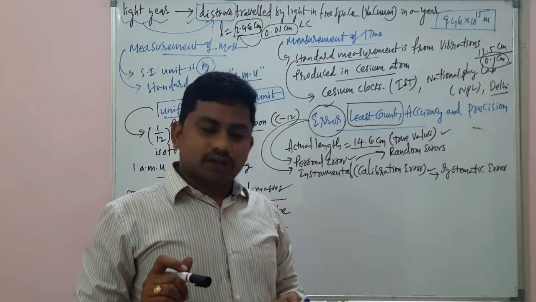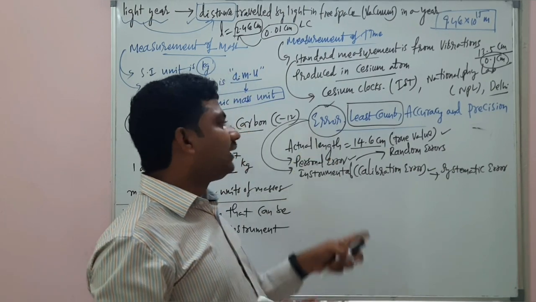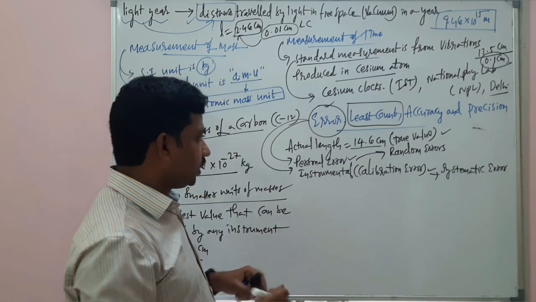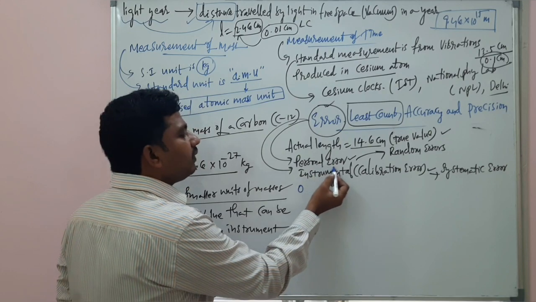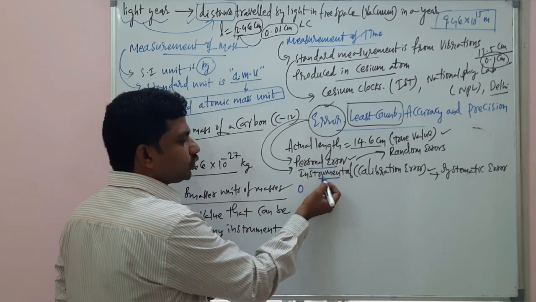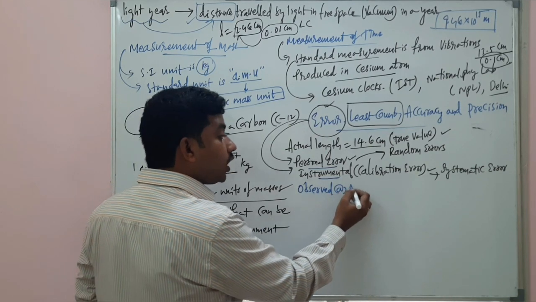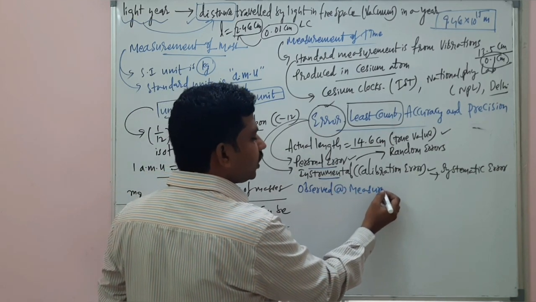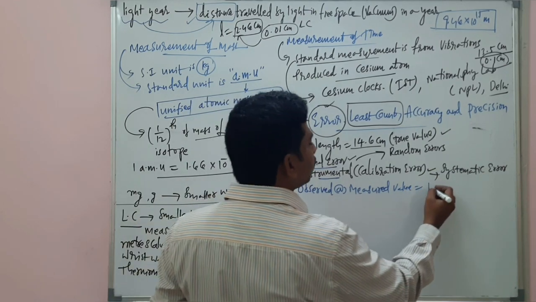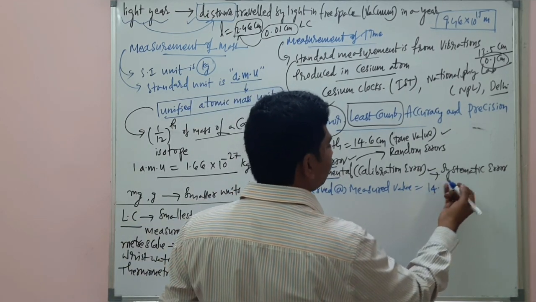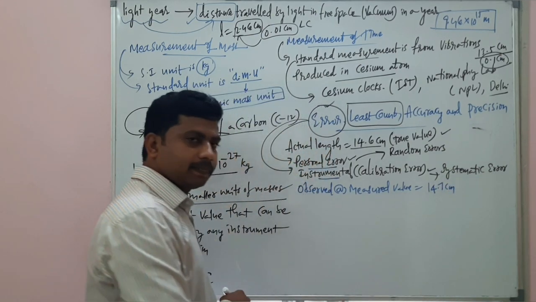My dear students, hope you got full clarity related to the error. Now see. Either due to personal error or instrumental error, I have observed a measured value of 14.7 centimeters.